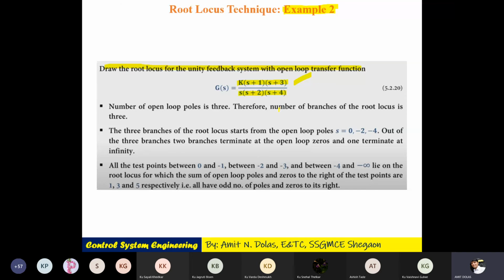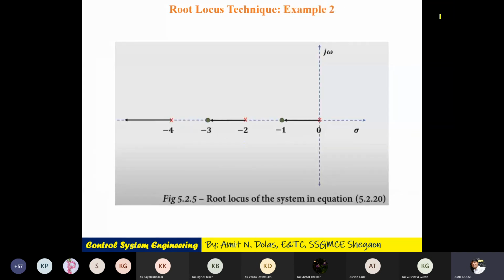There will be 3 poles, that is at s equals 0, minus 2 and minus 4. This is given here, no need to read. So these are the 3 poles. We will plot them. How many poles? At 0, then minus 2 and minus 4.